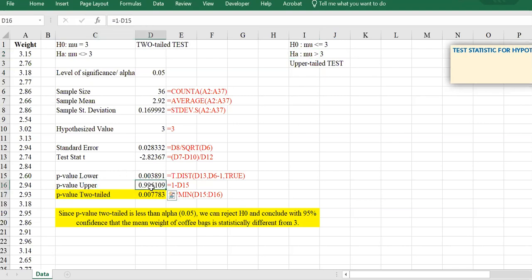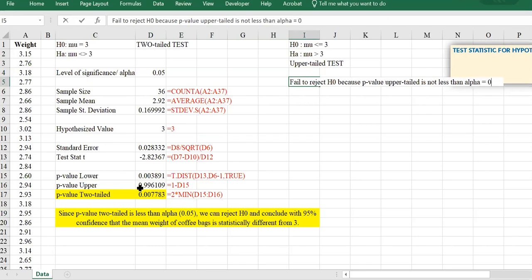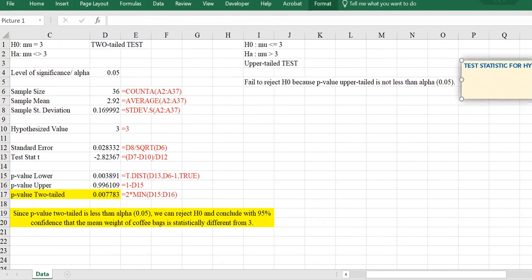Since the p-value upper-tailed is not less than alpha, and alpha is 5%, we fail to reject the null hypothesis.